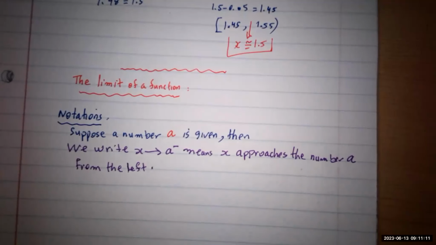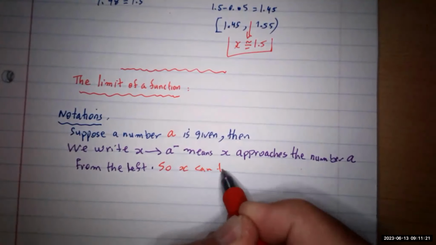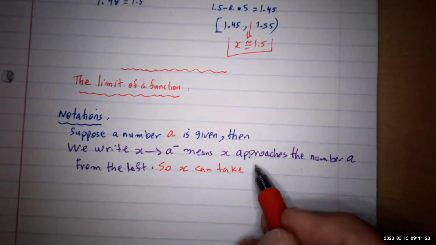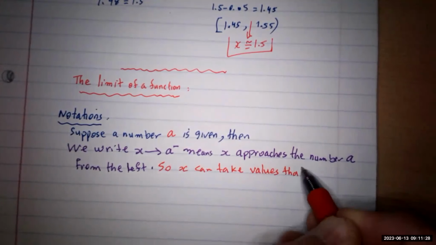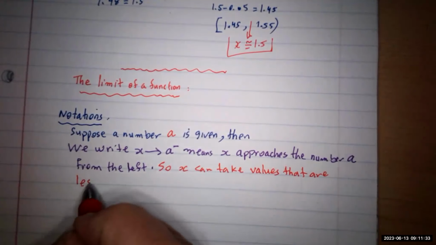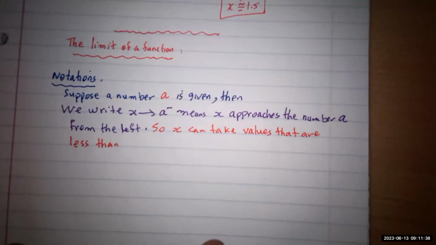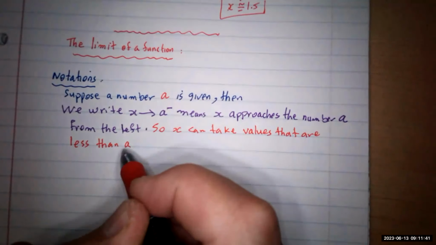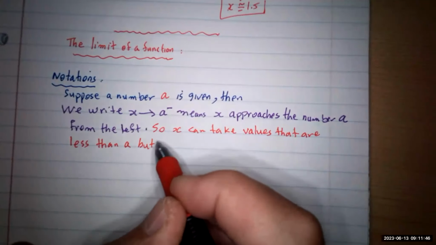So mathematically, this means x can take any values that are less than a, but not equal to a, but close to a, if you like.